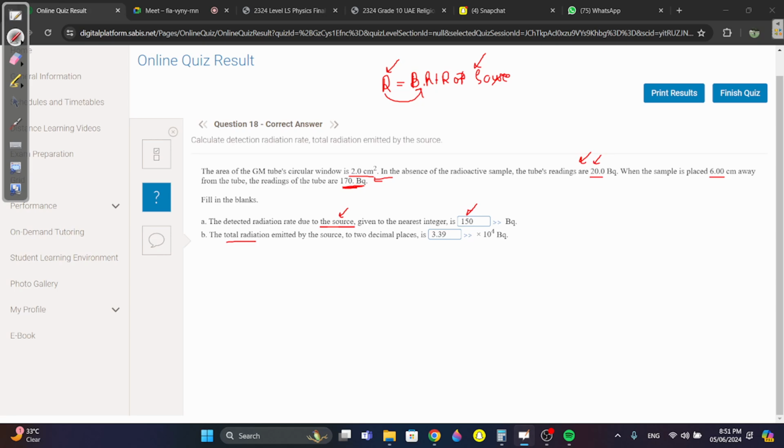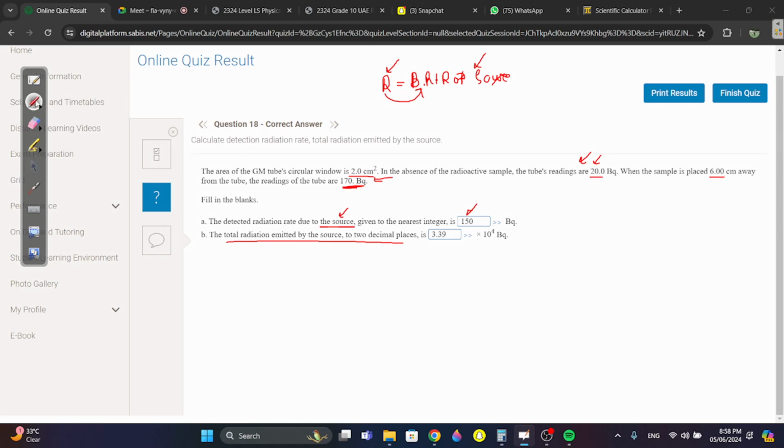Then for part B, they ask for the total radiation emitted by the source to 2 decimal places. There's an equation when you want to find the total radiation. Total radiation is the detected rate times 4 pi r squared over A. r squared is the distance squared, and A is the area.